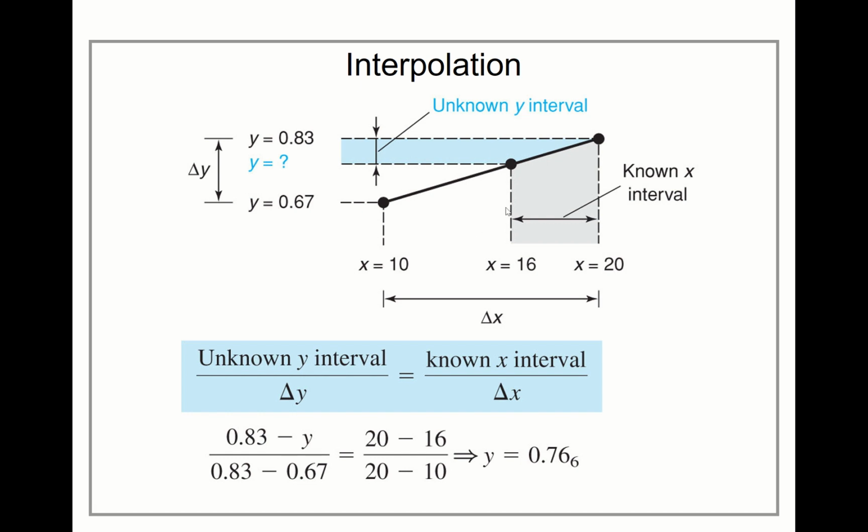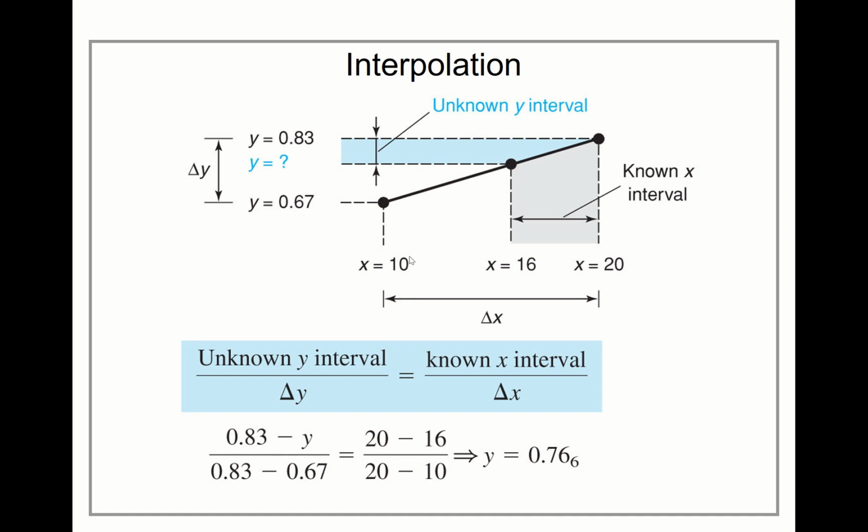This technique is used when we want to know an unknown value located between two known values in the table. In this case, you want to know the y value for x equals 16.